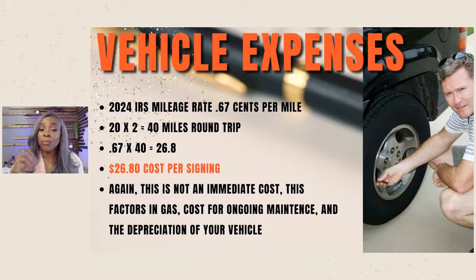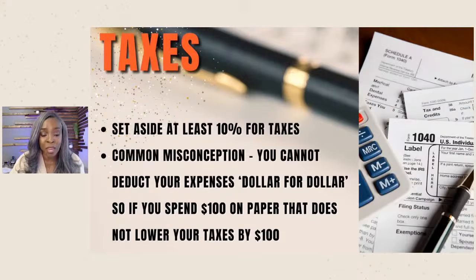Because again, you may not pay that much tomorrow for your car, but I promise you, as a signing agent, you're going to see that your vehicle expenses are higher. And again, when you go to trade in or sell your vehicle, you're going to see that you're going to get less money. So we want to make sure that we're making a profit that will cover those expenses.